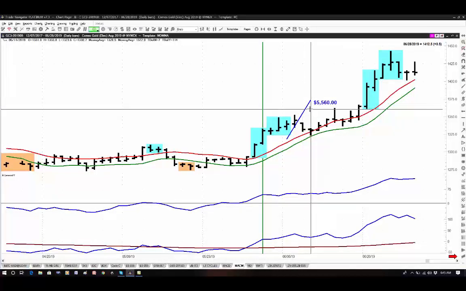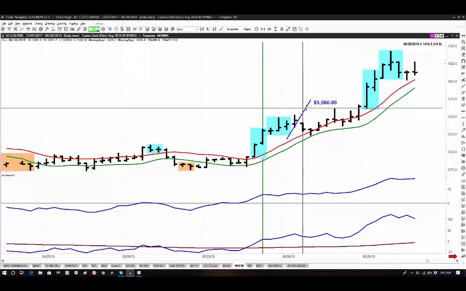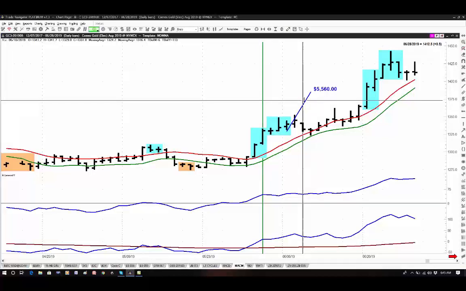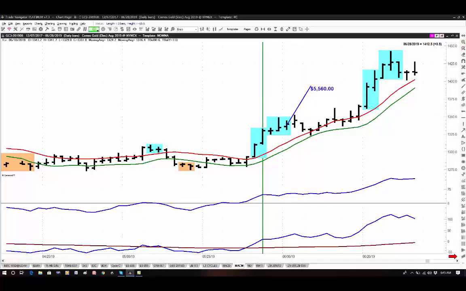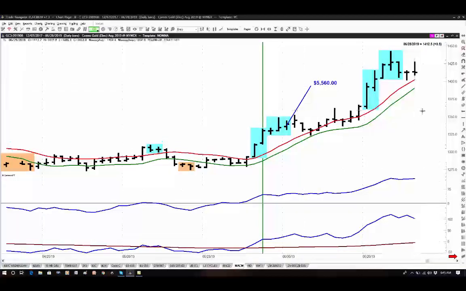Very difficult to manipulate this tool. There are easier ways to do it, but let's try it again. Just want to make sure you get the point. There we go. So right over here, the first target is reached.